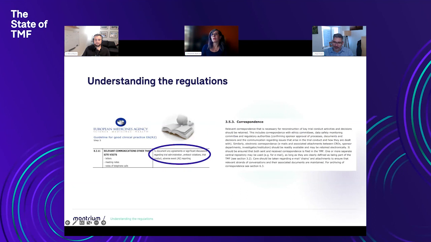Yeah, I think that ICH E6R2, if I remember, basically just took what was in the original ICH E6 and copied and pasted this particular section. So they didn't review this part when they brought out R2.